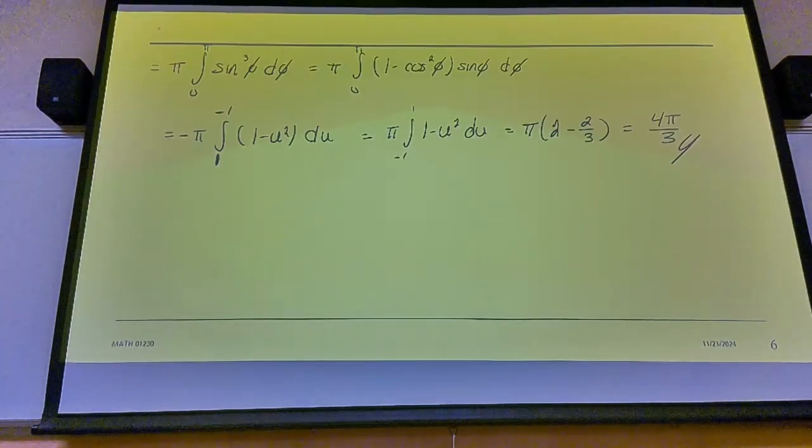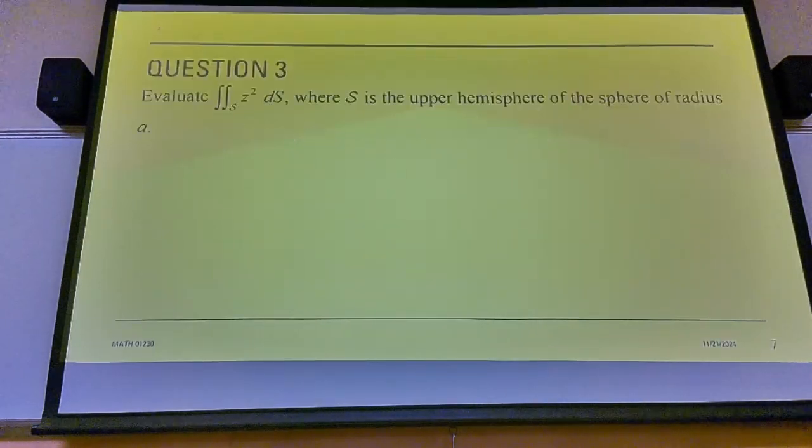Yeah, remember that. Upper hemisphere of radius a, which means we're going to use a parameterization for a sphere of radius a, and then the domain will be restricted because it's an upper hemisphere.